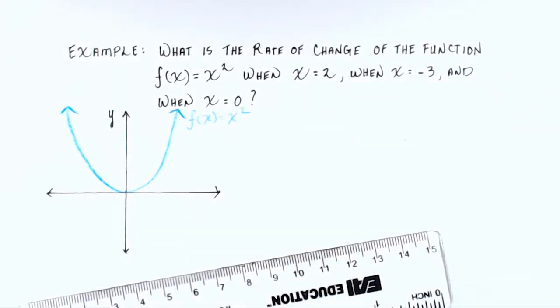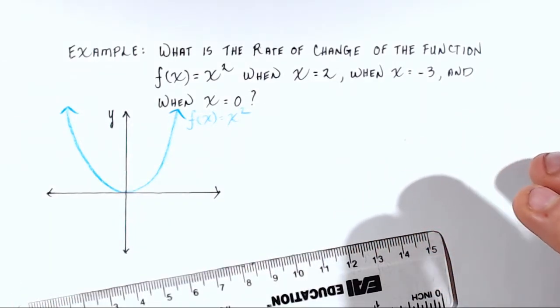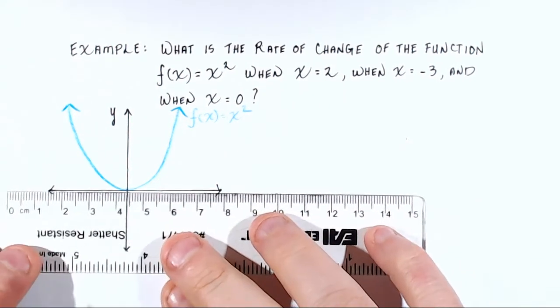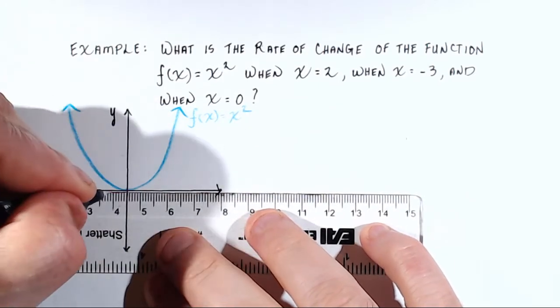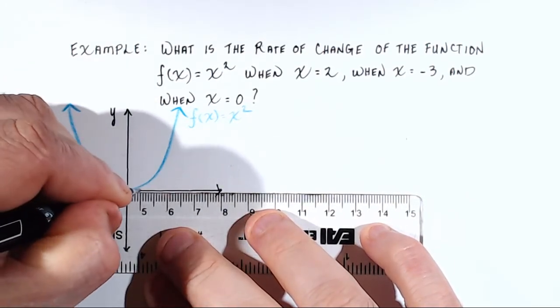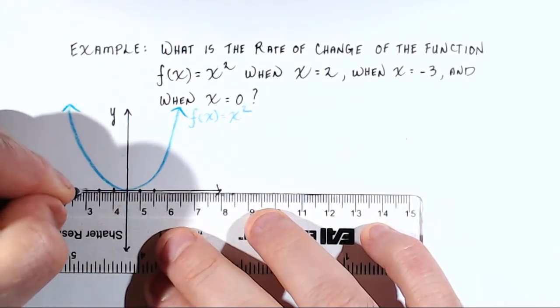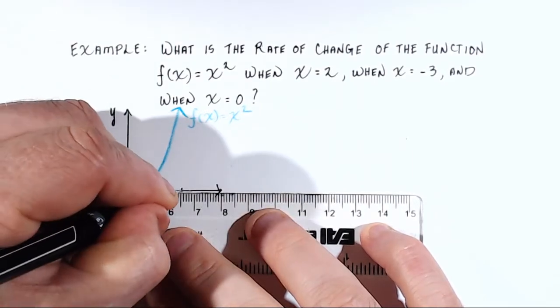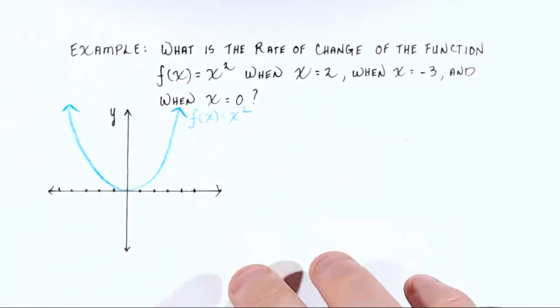So what I would like to know is that these x values, let's mark them in somehow. And we'll label our function here. Okay, good enough.